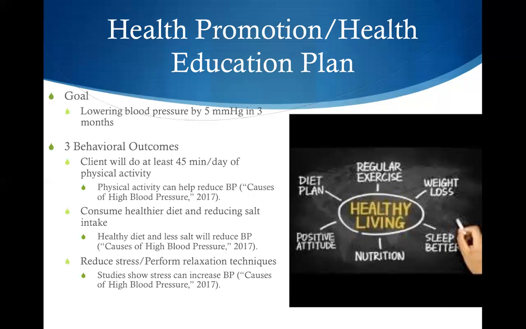Second, I want them to consume a healthier diet and reduce salt intake, since high salt intake correlates with higher blood pressure. Third is reducing stress and performing relaxation techniques, since studies show that stress can increase blood pressure. As nurses, we are at risk for high blood pressure.